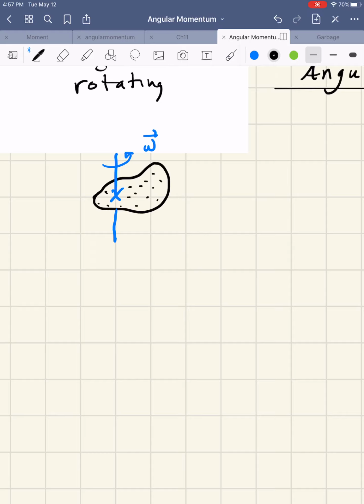As this rotates around, they all have a tangential velocity, depending on their position on the body. It'll be bigger and smaller or pointing in different directions. But it is important to note that all of them will have an r vector.